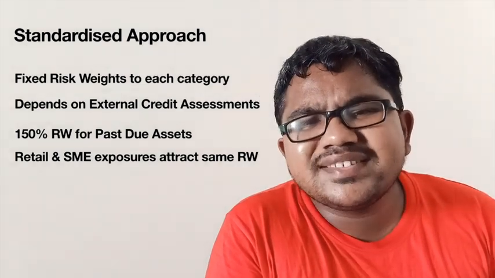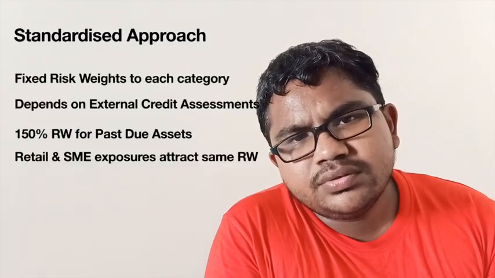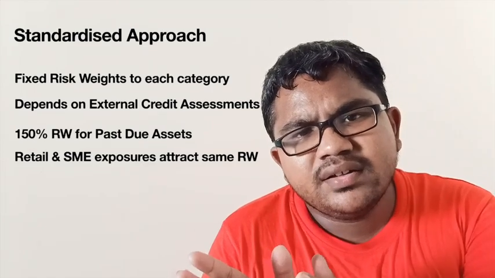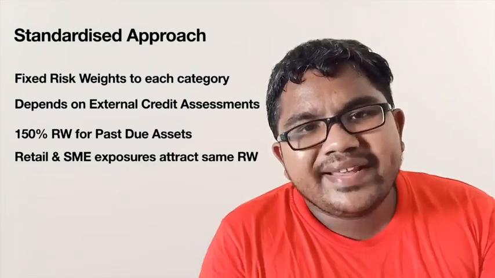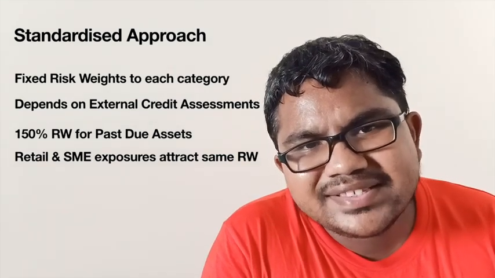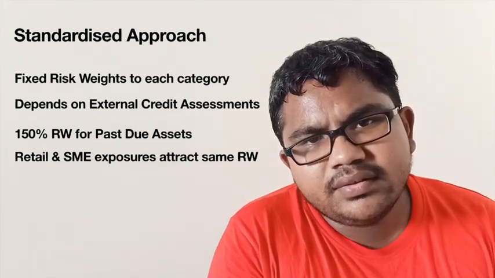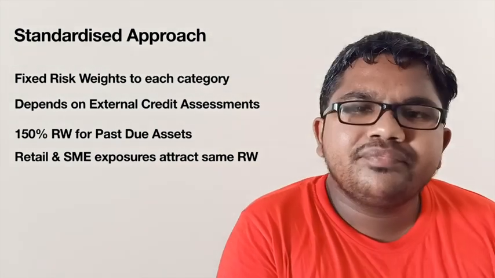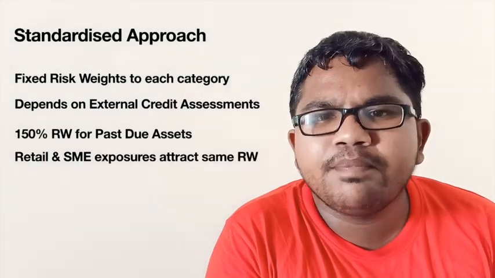They specify a rating, and based on that rating, under the standardized approach, the bank has to assign a risk weight. For example, if the rating of a bond is AAA, then the risk weight will be 100. That's under the standardized approach.